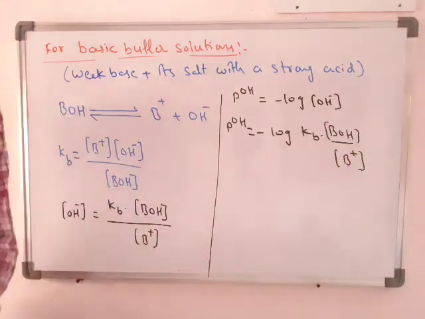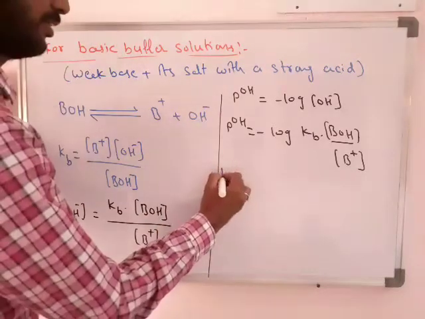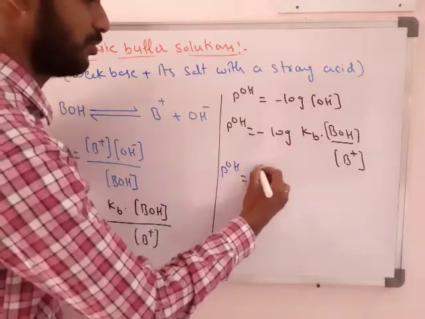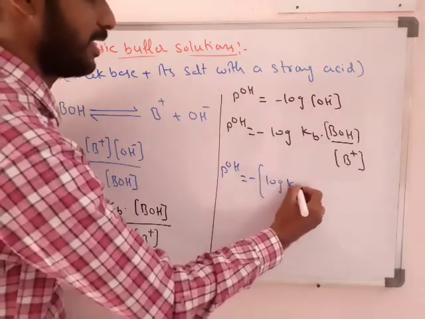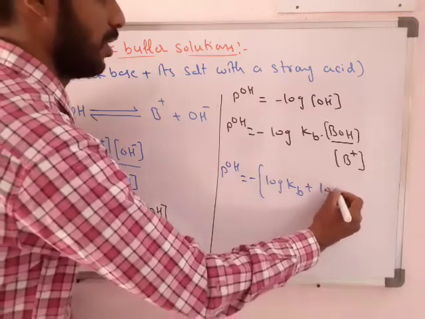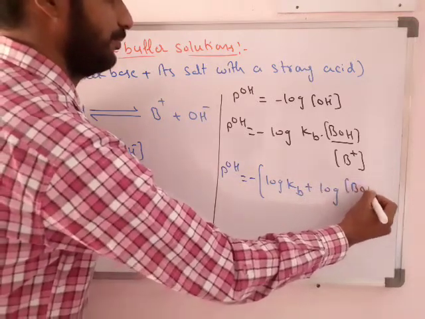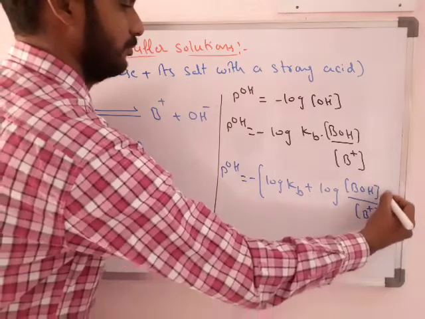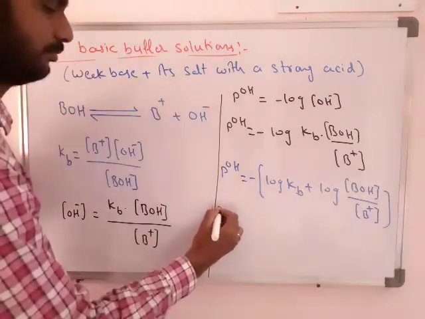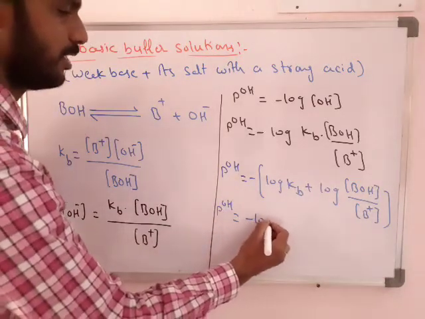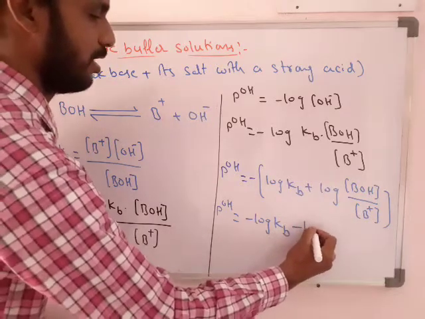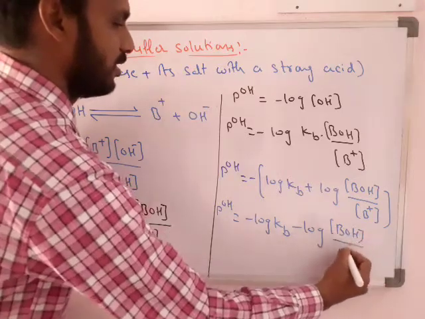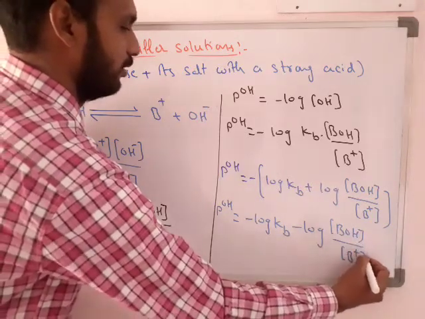On applying the logarithm, we know that log A into B can be written as log A plus log B. So it becomes minus log Kb and minus log of weak base concentration by B plus ion.